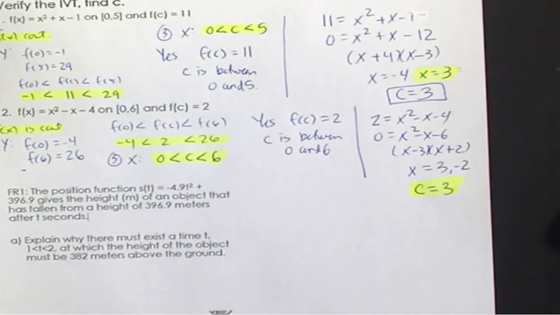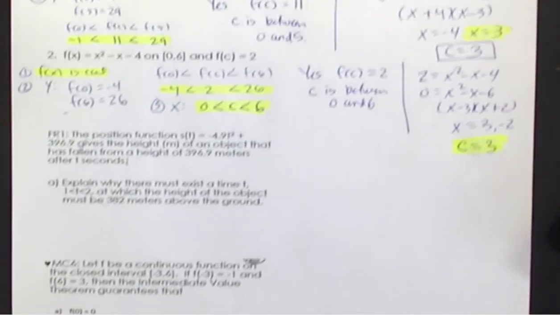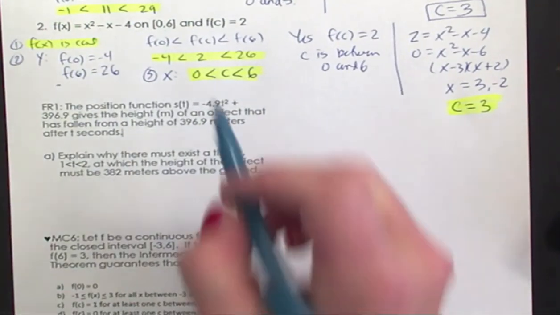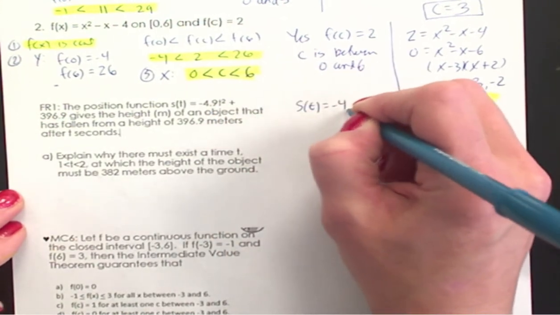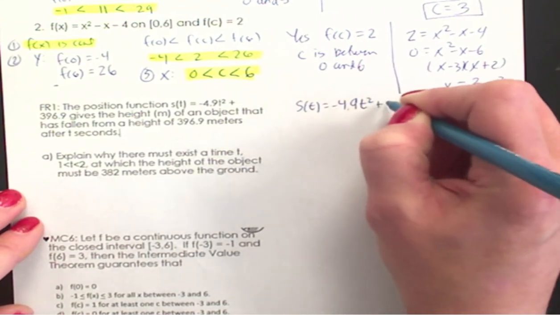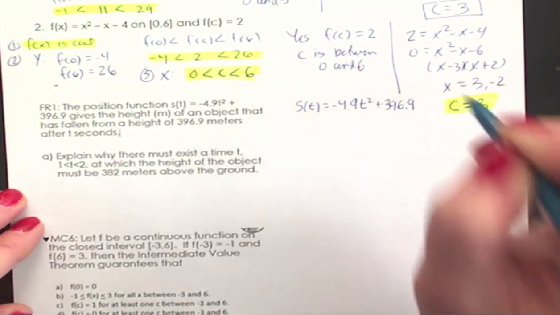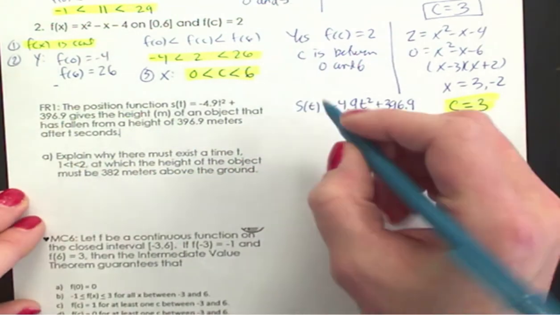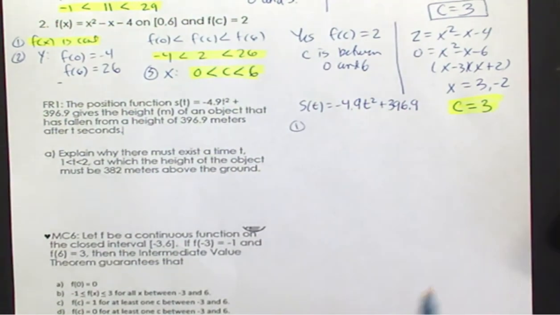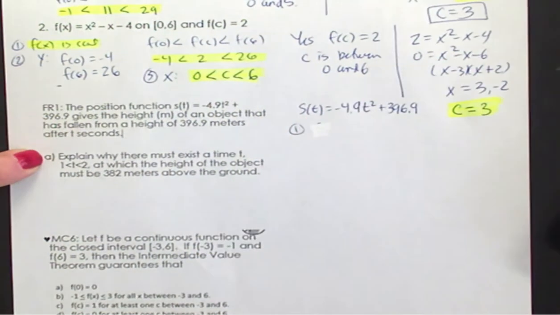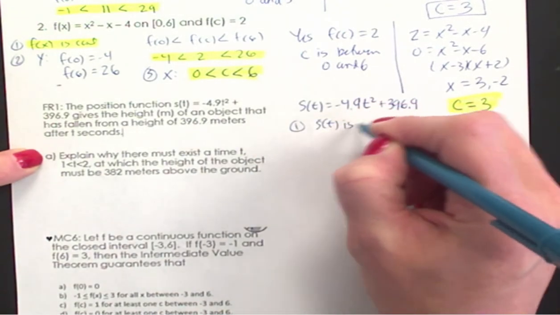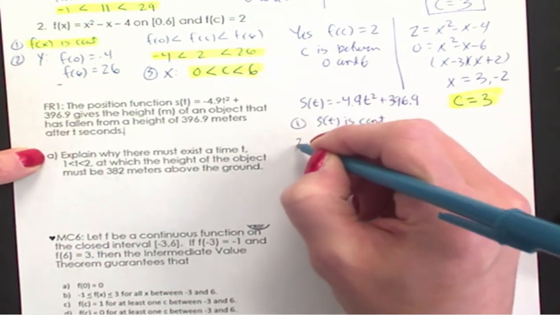All right. A little bit of context. Okay, the position is negative 4.9 t squared plus 396.9. Okay. Explain why there must be... did it say find the time? No, it just said explain why there must be a time. S of t is continuous.